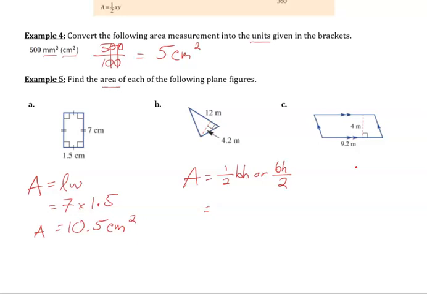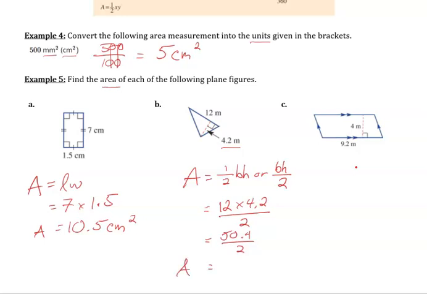It does not matter. So the base, let's call it 12, times the height, you can see there, that 90-degree angle, is 4 times 2. And we're going to take half of that. So my calculator tells me that is 50.4 over 2.